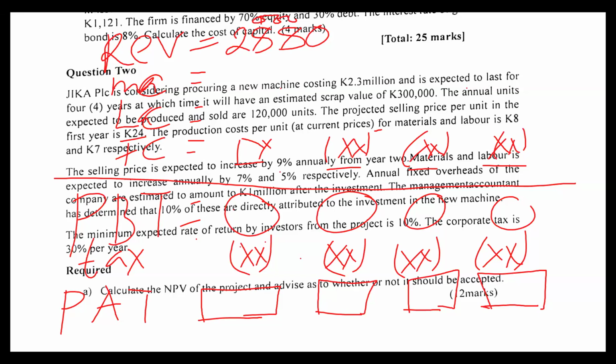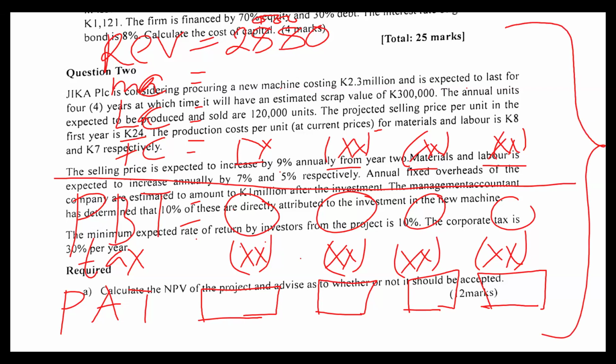Now, to establish for the second year, is there anyone who is lost before we go to the second year? Who needs clarity? I was saying we need to establish revenue. For you to establish the cash flows that you need to do NPV, the way I was explaining, you need revenue to start with. This is the basic accounting that you did.